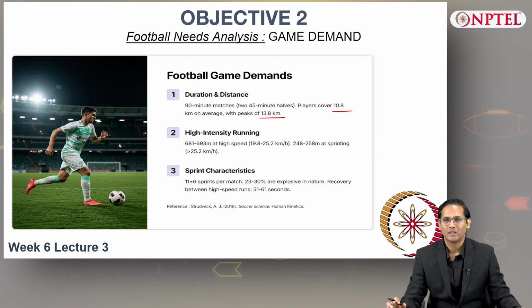The total distance on average covered by a football player is 10.8 km, and the maximum is 13.8 km within the 90 minutes of the game.